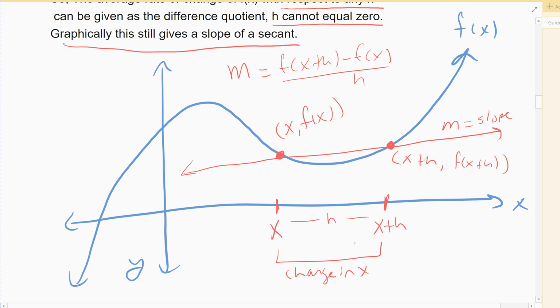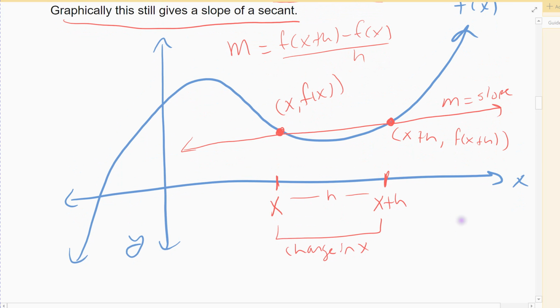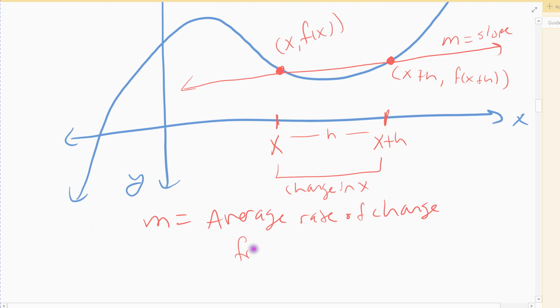So it is still my slope. It is still my average rate of change from x to x plus h. So m, which is the slope, is the average rate of change from any x to any x plus h, where h represents the change in x. So it allows us to manipulate it in more cases.